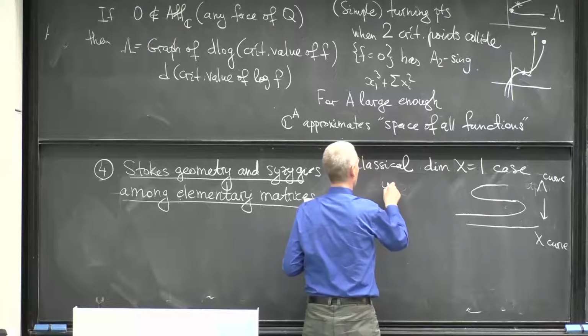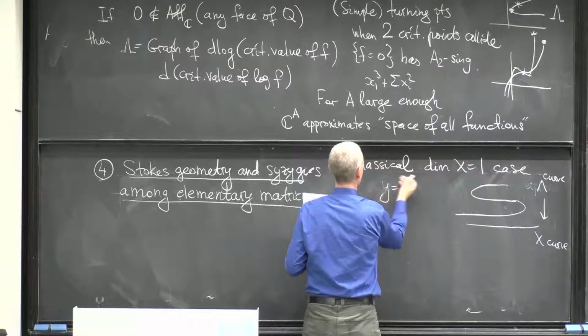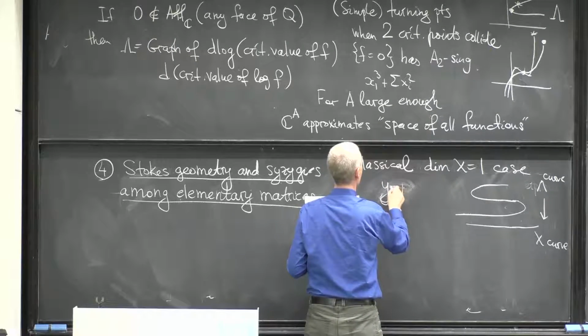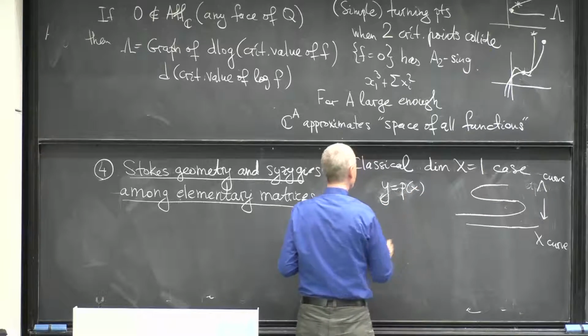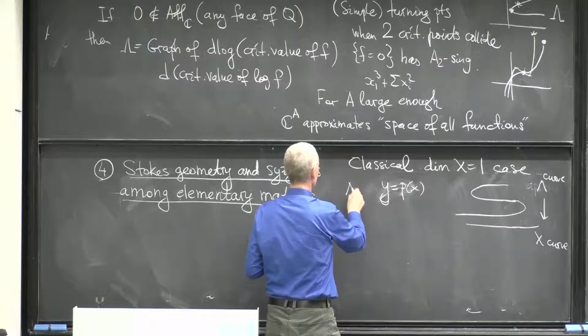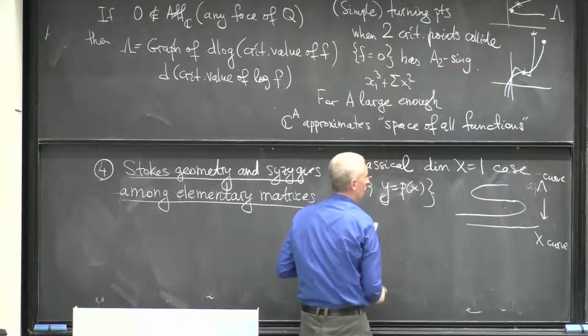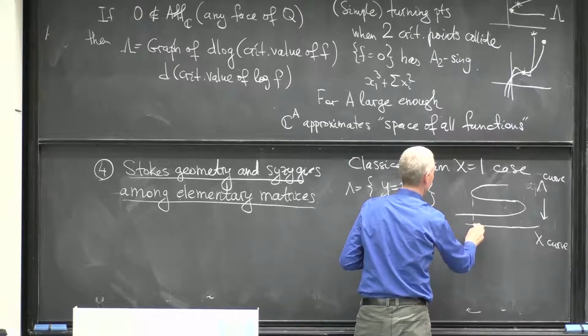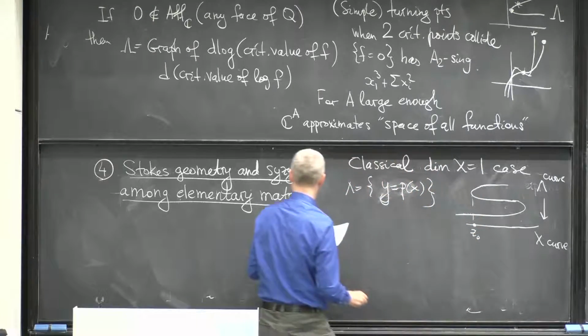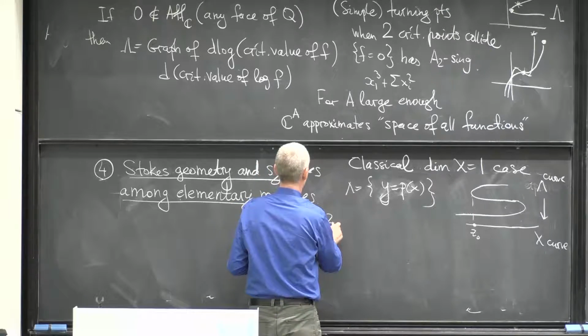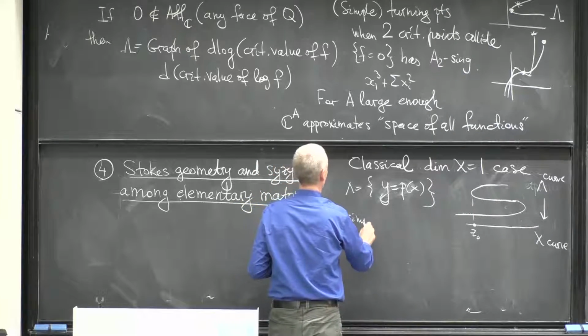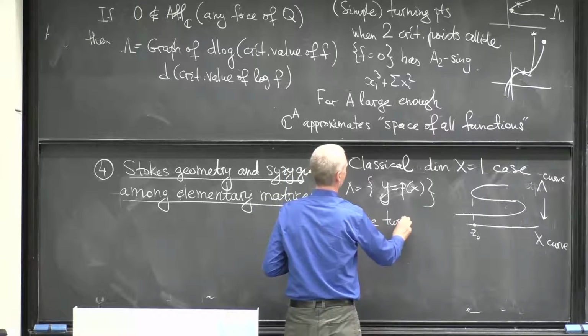So we can write it as a graph y equals p of x. And we look at a simple turning point. Let's call it point z0, the turning point.